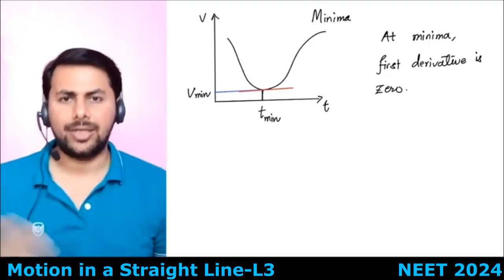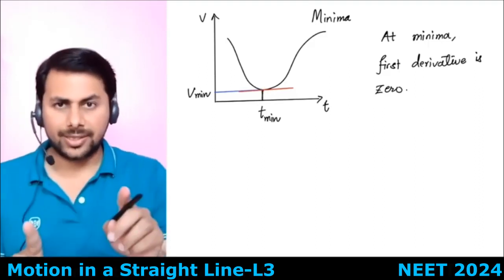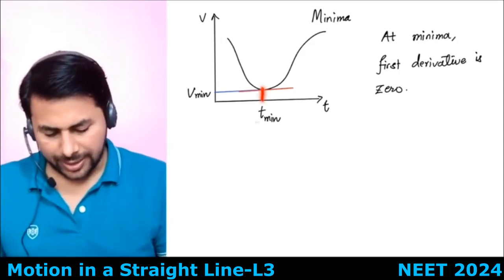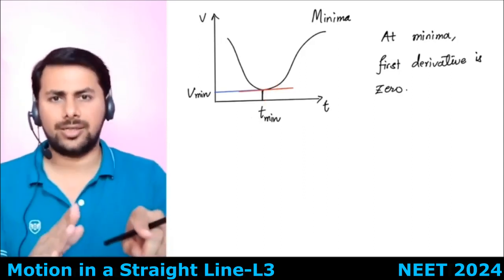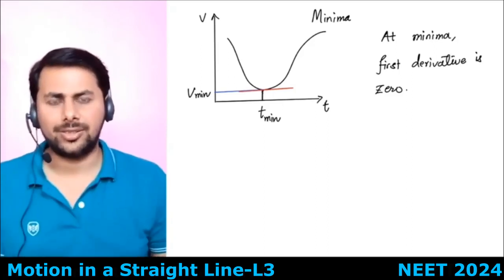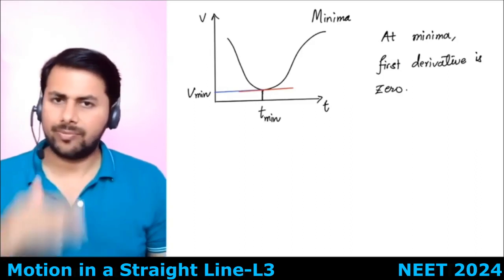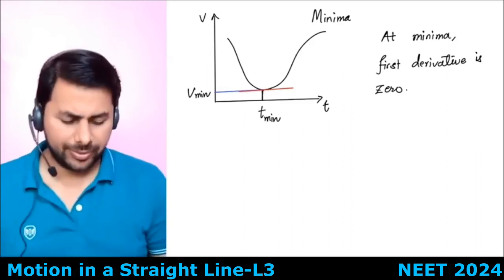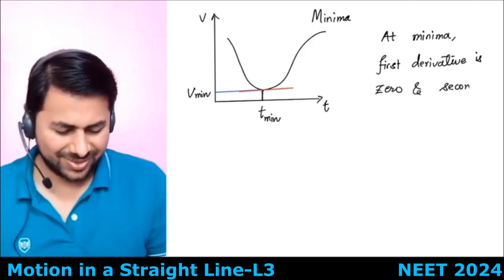But now if you take the second derivative, what will happen? The second derivative is the change in acceleration. Here acceleration is 0. After this point, acceleration is increasing, so the change in acceleration is positive. So when you hit the minimum, the first derivative will be 0 and the second derivative is positive.